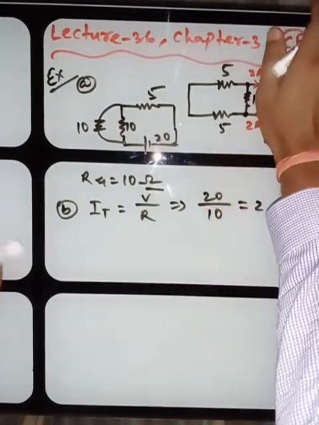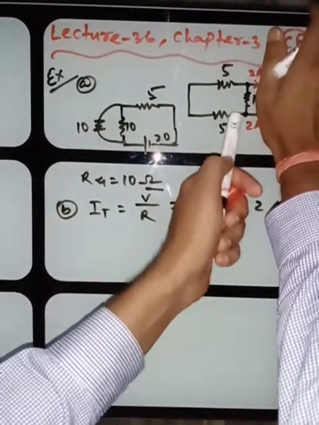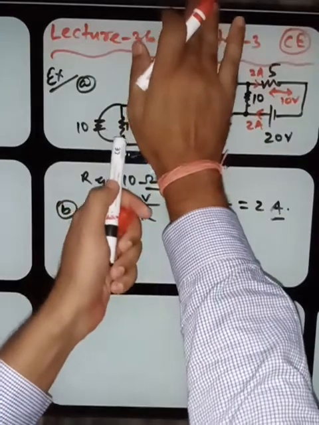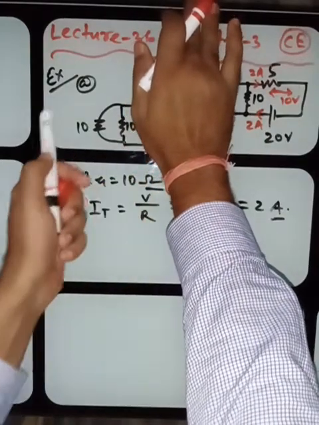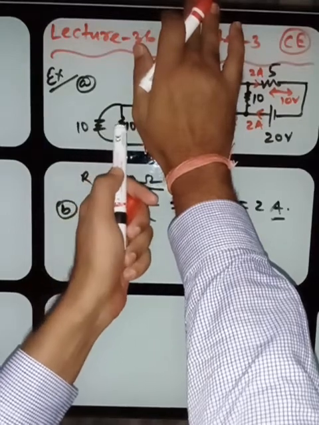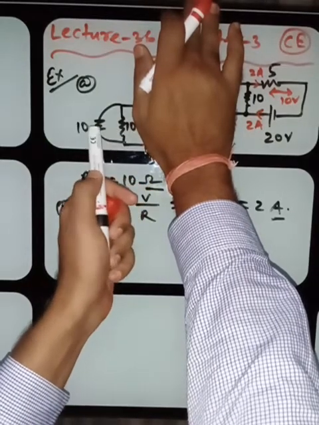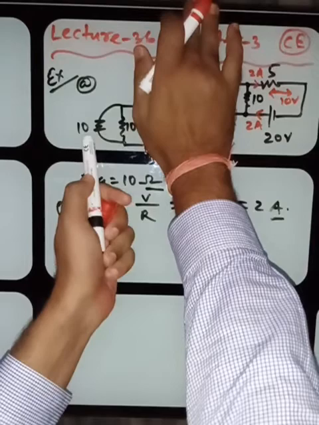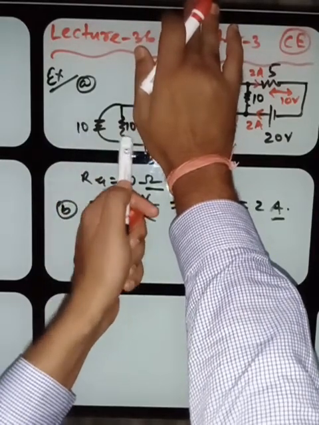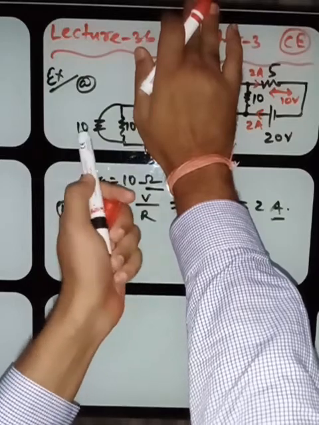Now the 10 and 10 are both connected in parallel, so in parallel the voltage must be the same, so both will receive 10 volt.